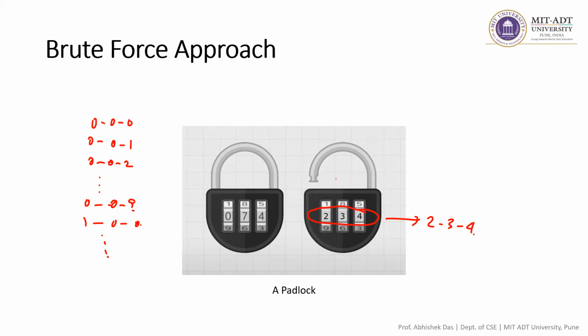You are deploying all the resources available to you, no matter how much time it is taking, but still you are trying to solve a problem, right? So as you can see over here, if you're trying to consider all of the possible cases, it is going to take a lot of time.